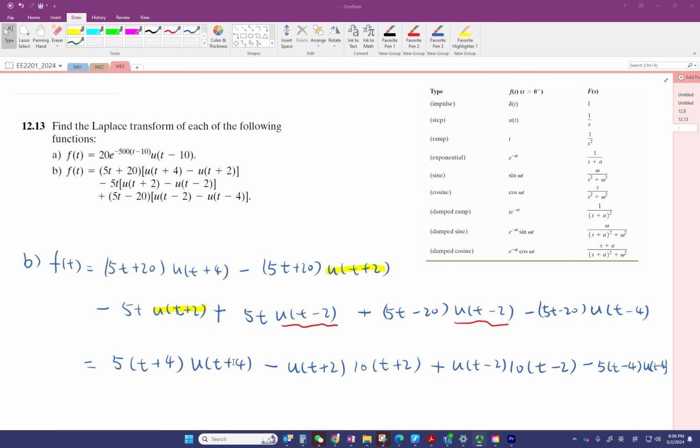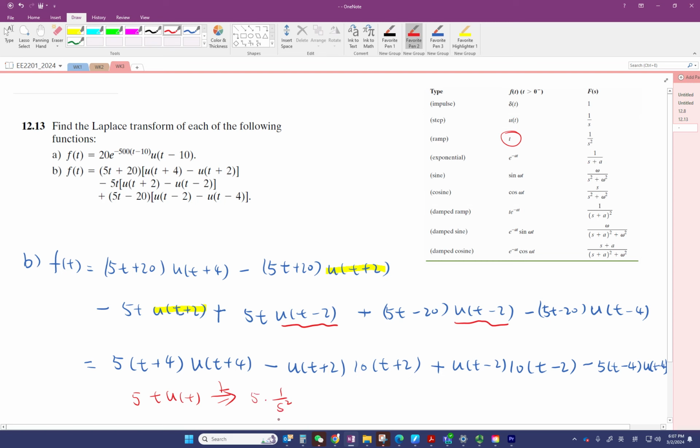So if without any time shift, what does it look like? You can look here. It's just a t, right? It's just a t. So you can imagine that for 5t u(t), if asked to do a Laplace transform of that one, you will get 5 multiplied by 1 over s squared.